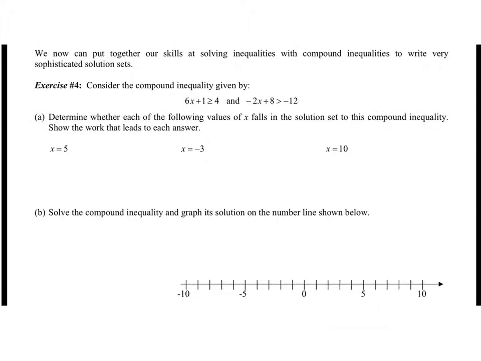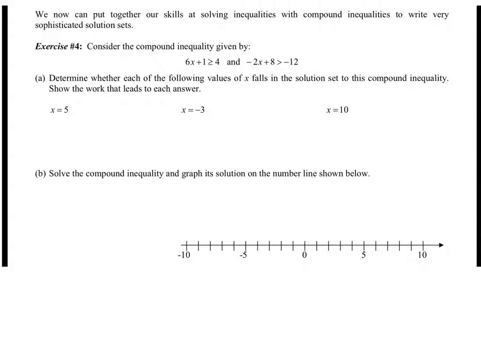Now we're going to put together our skills at solving inequalities from previous lessons with compound inequalities. First we're going to look at this compound inequality. It's an "and," and we're determining whether or not these different values for x are answers for the inequalities. So we're plugging in the numbers given for x to determine if they are true.